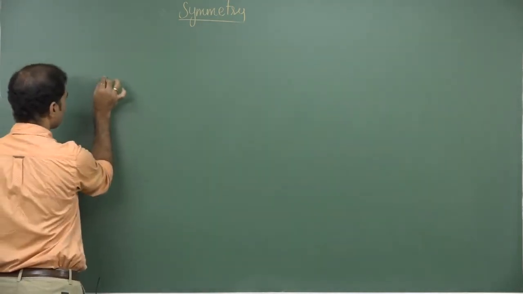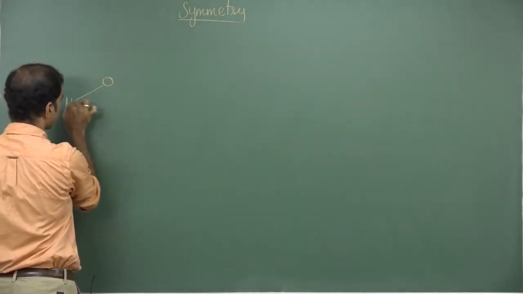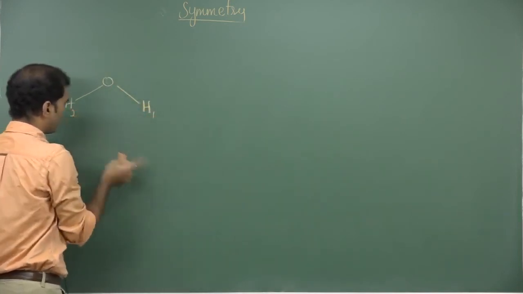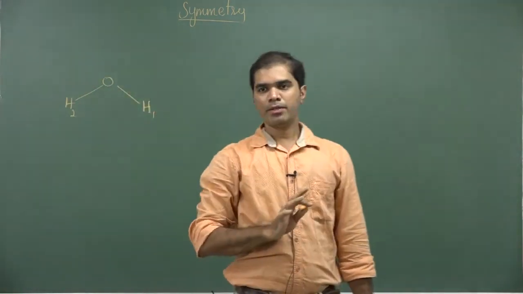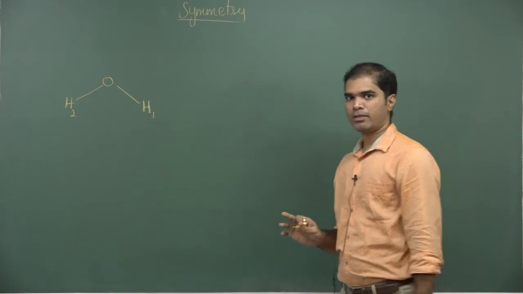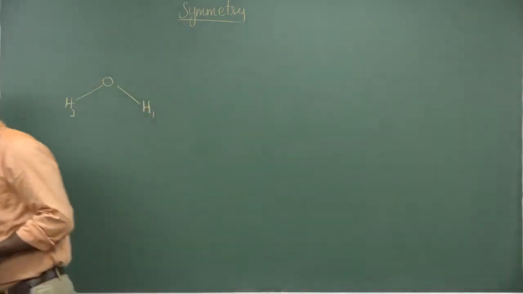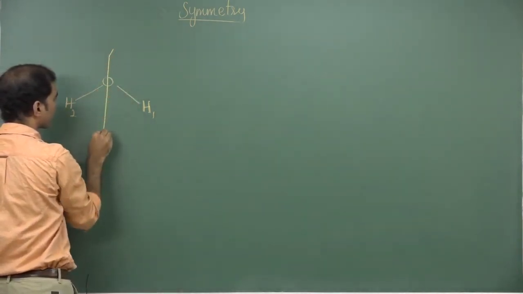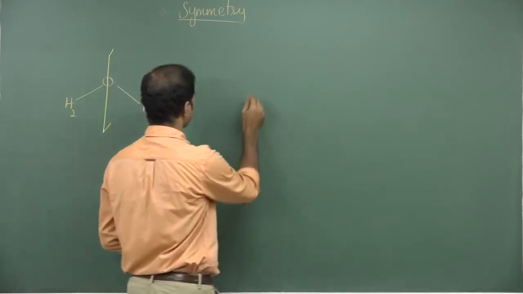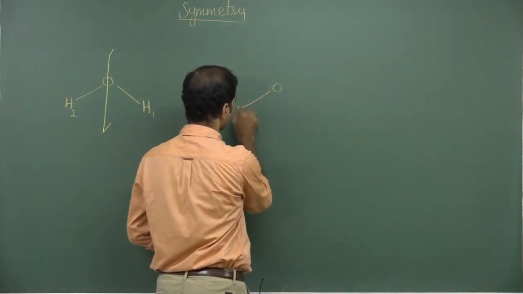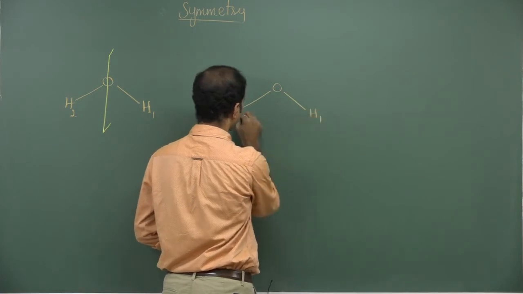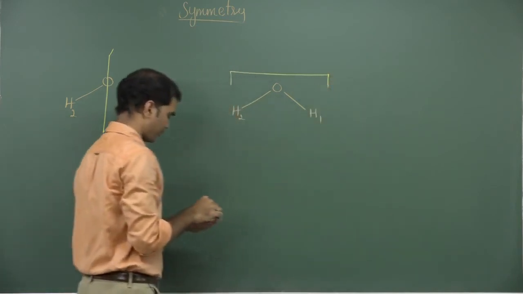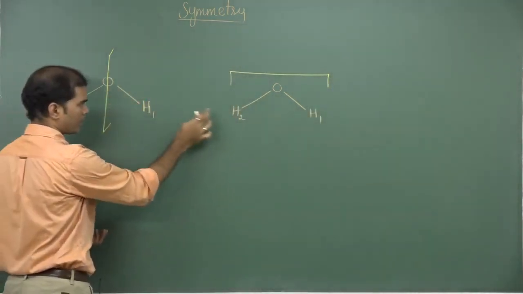Now let us get back to the examples. I have taken a water molecule. How 1 and 2 are getting exchanged, that is not our priority, but whatever planes that we have represented, we must be able to label them, whether it is a sigma V, sigma H or sigma D. Let us put the principal axis.